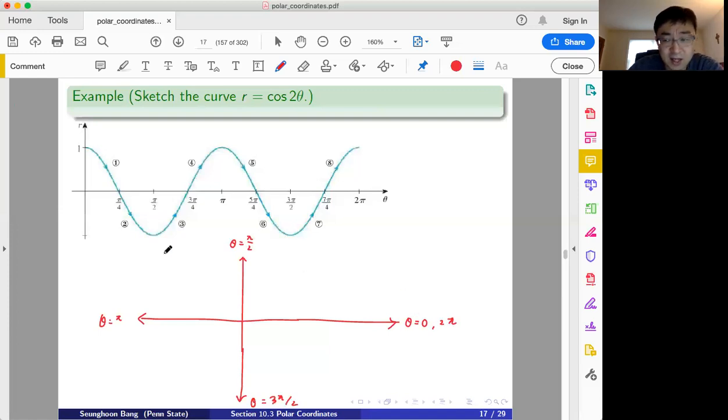So we have four theta intercepts: pi over 4, 3 pi over 4, 5 pi over 4, 7 pi over 4.